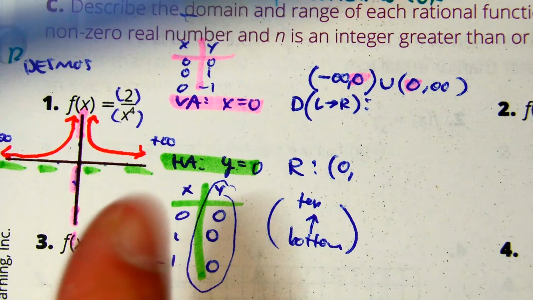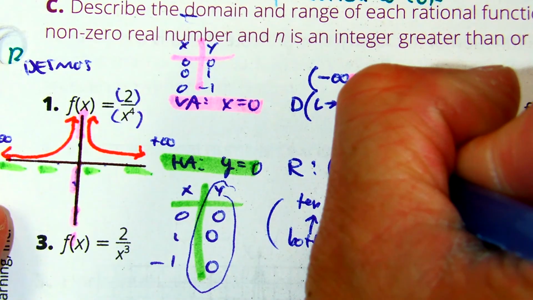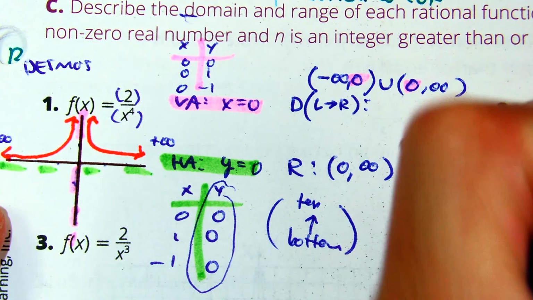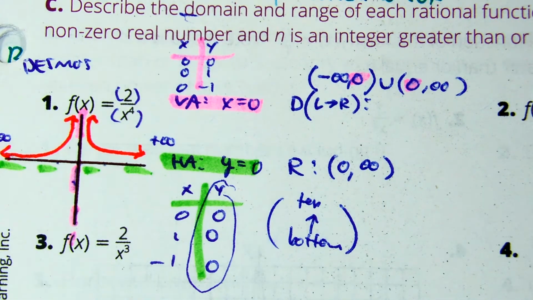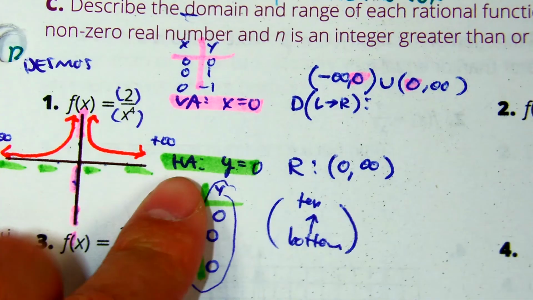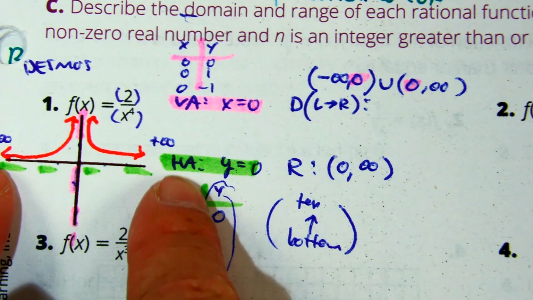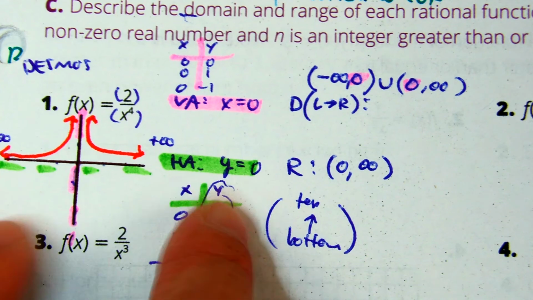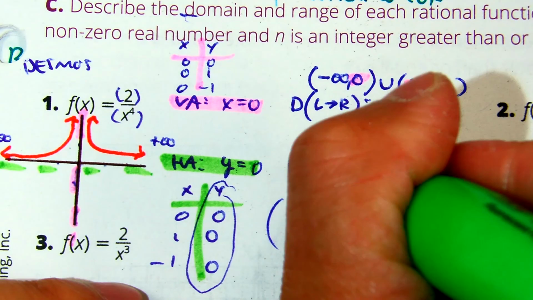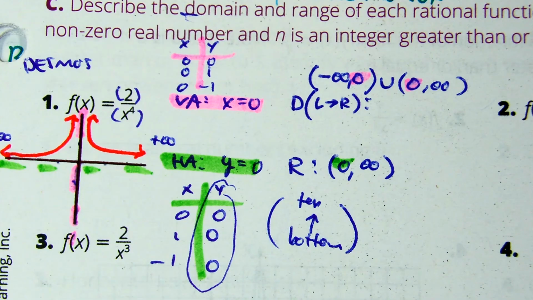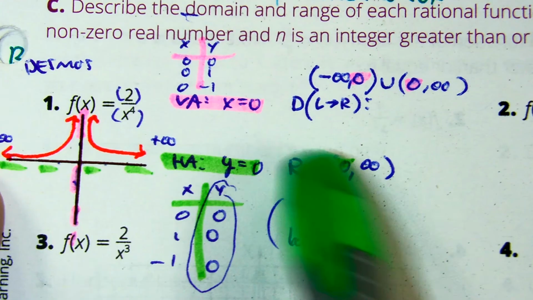So my answer is going to be 0 to infinity. Now look at your number. The horizontal asymptote, the green dotted line, is my hint. It kind of tells me where to start. It's kind of like that lunch boundary line. There are areas on the campus you cannot go, and you need to stay on. This is telling you where you can stay.